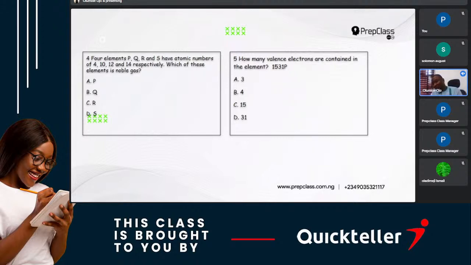When you are in group 3, you are losing 3. Are you getting it? But group 5 can either gain 3 electrons to complete or lose 5 electrons. So the valence electron in that P 31 is 3. Do you get that? Yes, sir. Yeah, good.